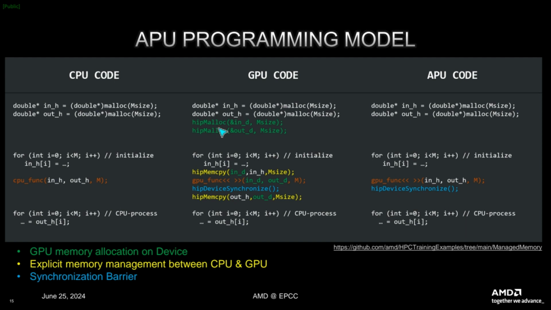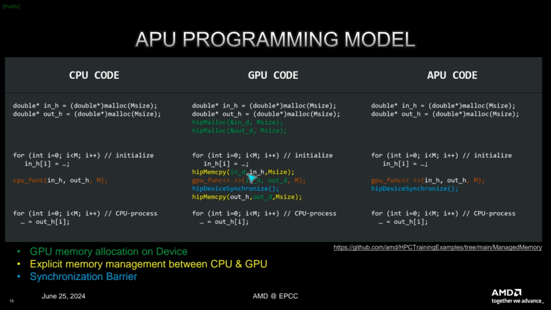And then you have to copy the memory to the GPU, do the GPU function, synchronize, copy it out, and then you can continue operating on the CPU on the data. So every time we convert a loop or a part of a code to work on the GPU, we have to do all this memory management.